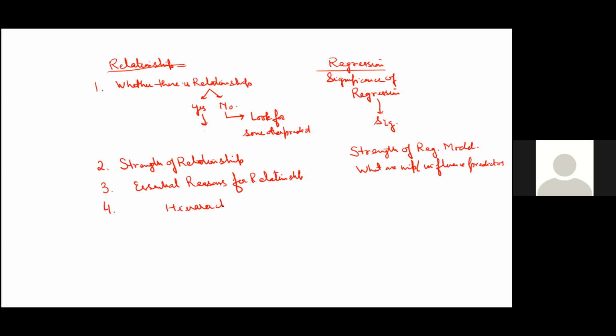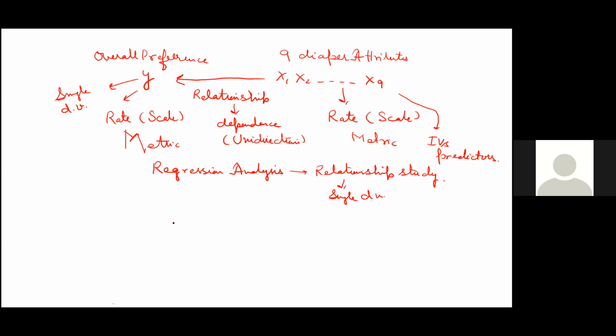Here we create a hierarchy of the influencing predictors, meaning which predictor is having the most impact. So that will be taken up. And the last, since we propose a model, okay, one moment.